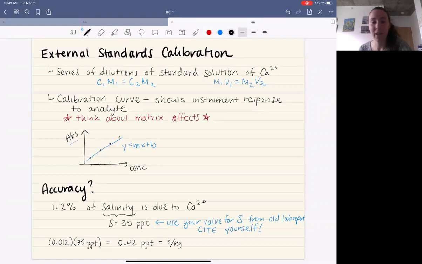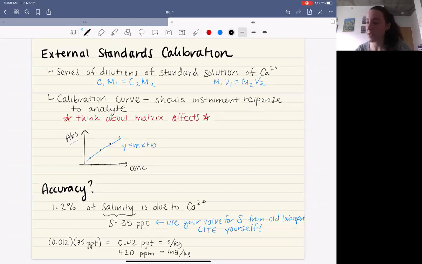So for every kilogram of salt water, we have 0.42 grams of calcium in there. Similarly, we could convert that to ppm, which is the same as saying we have 420 milligrams in a kilogram of seawater solution.